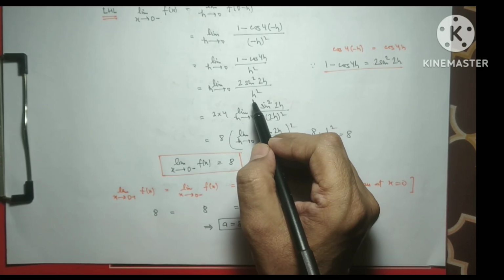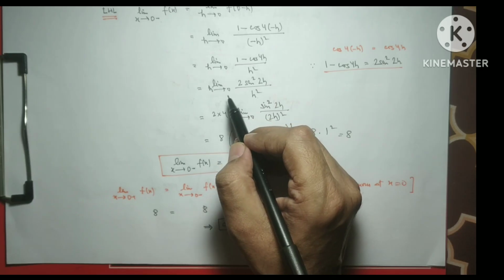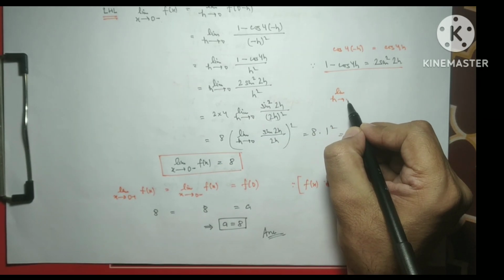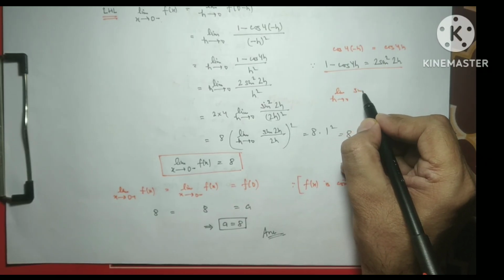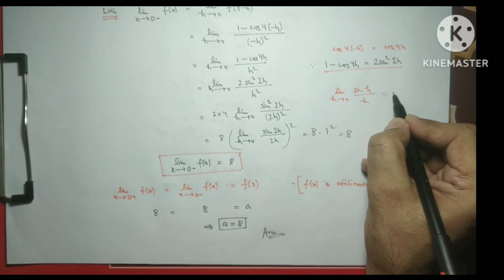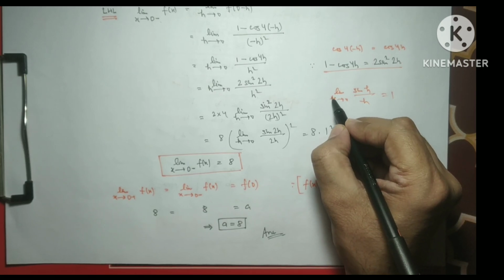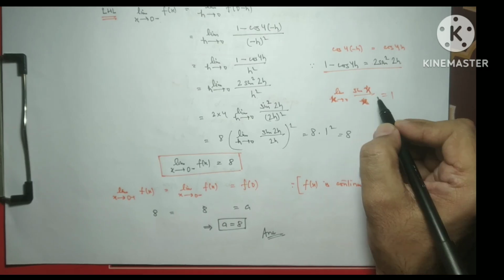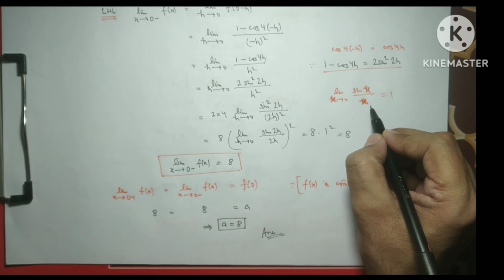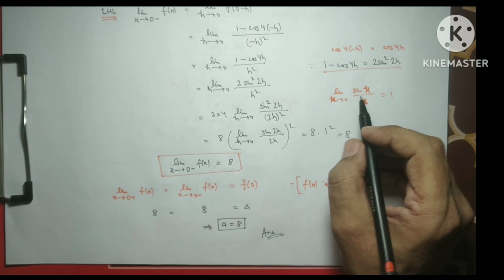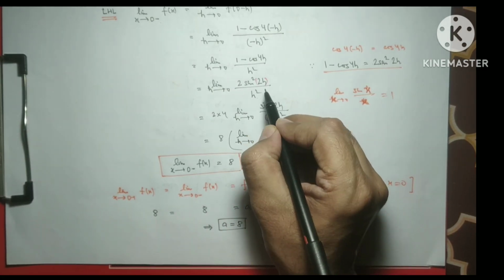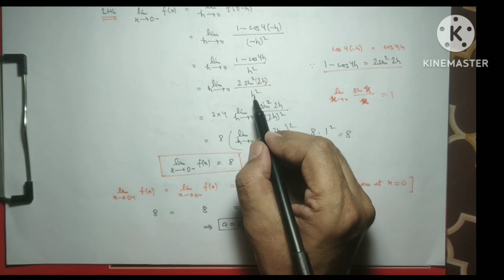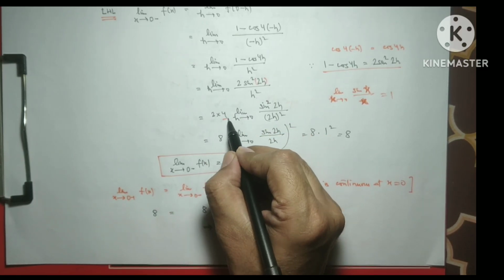But according to the limit, limit h tends to 0 of sin h over h equals 1, or you can say if it is x, then it should be sin x over x. Whatever the value of this angle, there should be the same angle in the denominator. So it is 2h right now, so we want 2h in the denominator, but we have h, so we will multiply by 4.